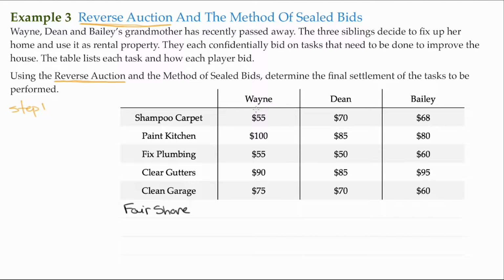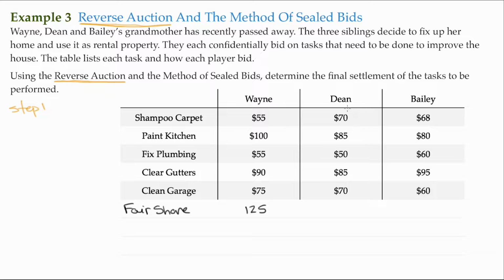After all these bids are put in, we go ahead and tally up what all these bids are worth. So to Wayne, all these tasks are worth $375. But of course, if they split these tasks amongst each other, we divide that by 3. And a fair share amount of work to him is $125 worth.